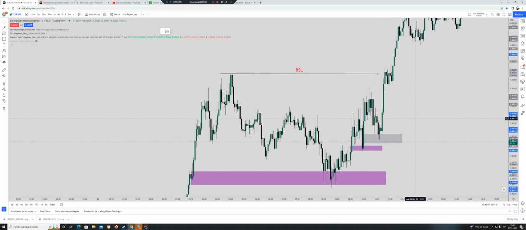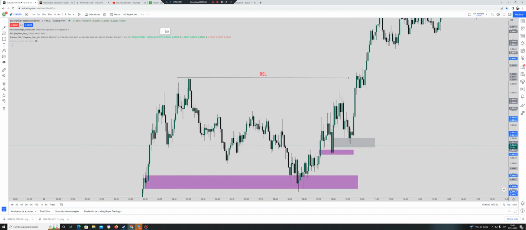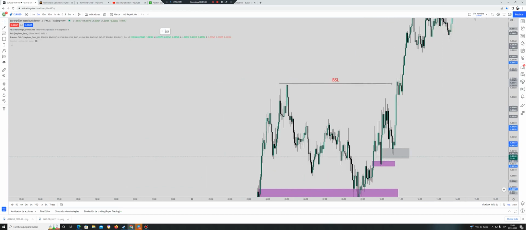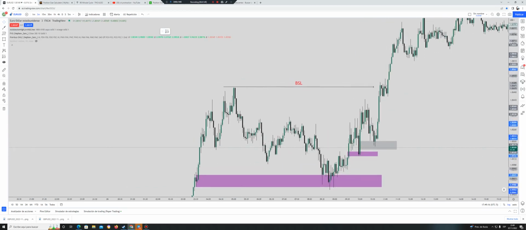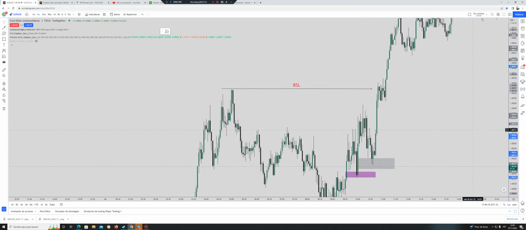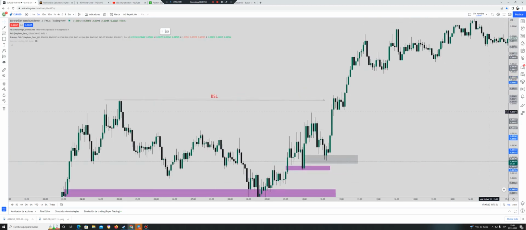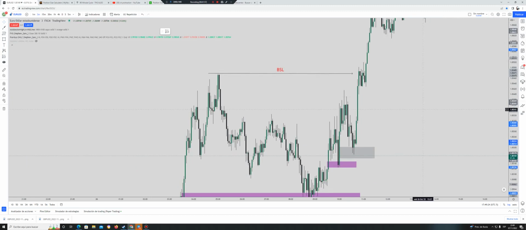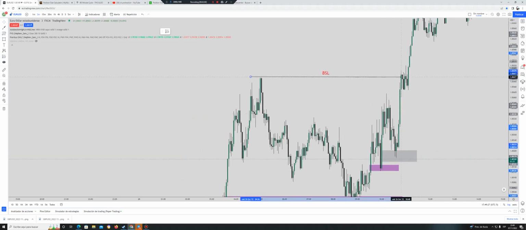This is basically the other way to trade the last cycle of New York, and basically those are the objectives of each one and how you can trade every one of these cycles.